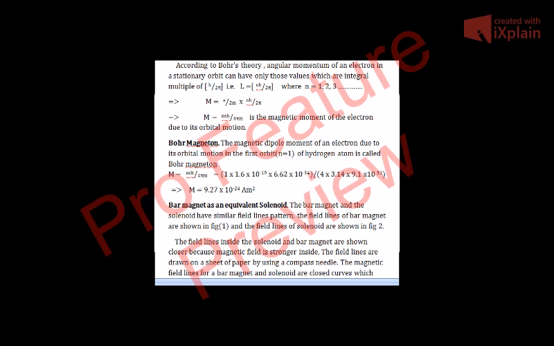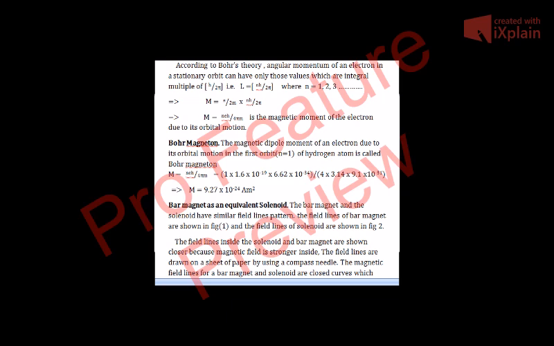So this implies L will be equal to nh by 2 pi, where n is equal to 1, 2, 3, and so on. This implies M is equal to e by 2m into nh by 2 pi. We substitute the value of L here. This ultimately gives us M is equal to neh by 4 pi m. And this is the magnetic moment of the electron due to its orbital motion.